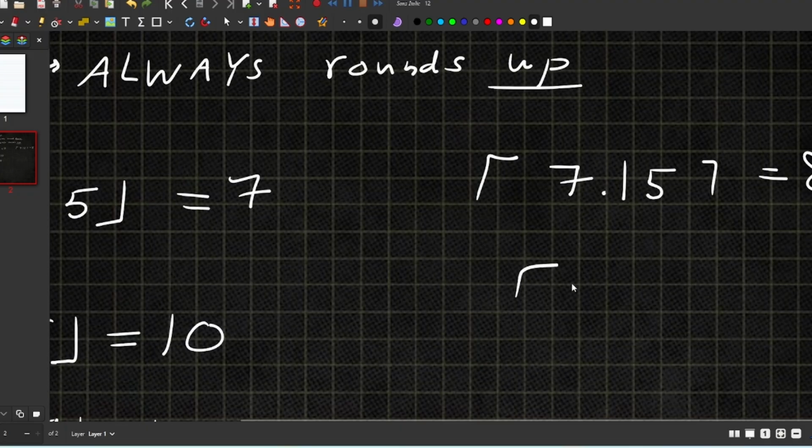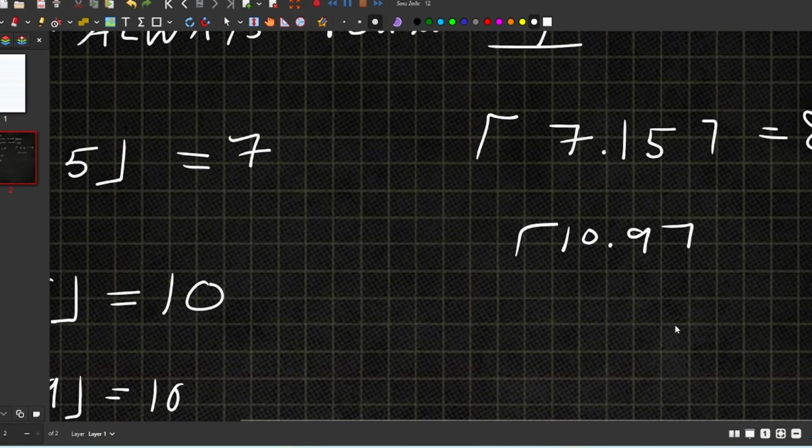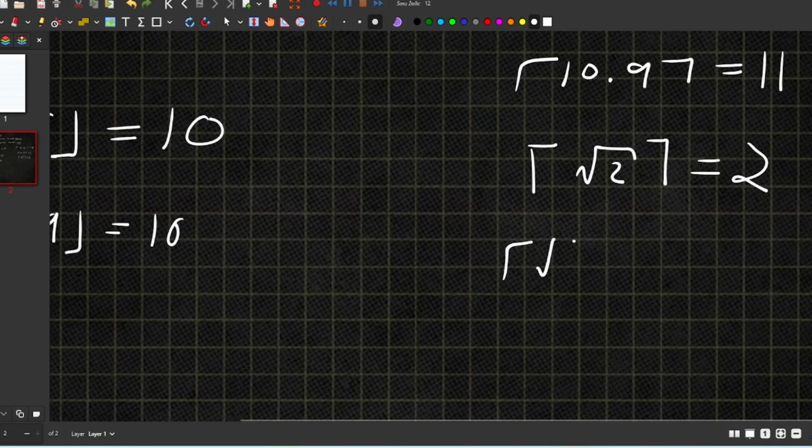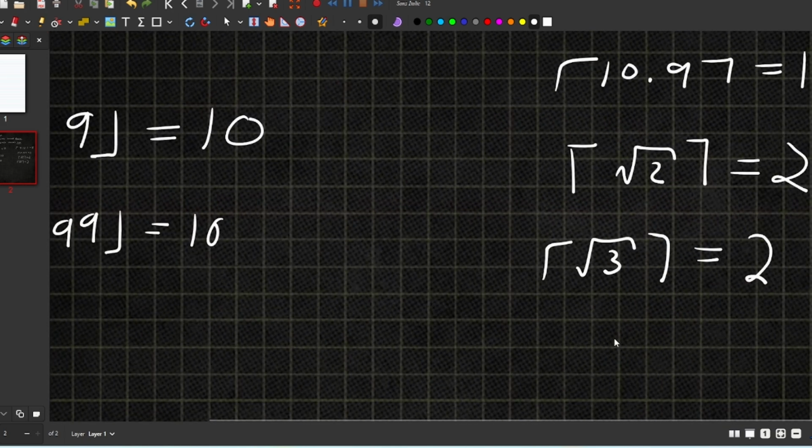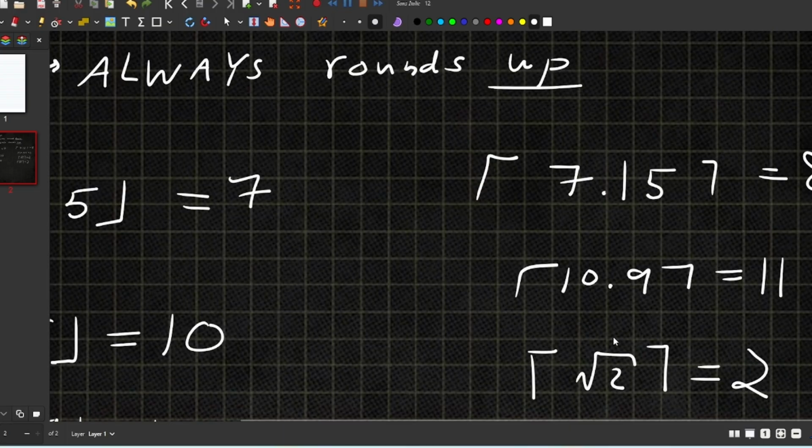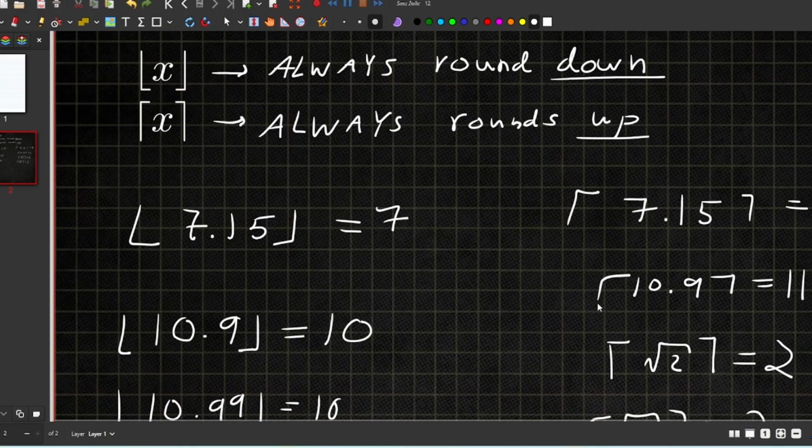The ceiling of 10.9 is not going to be 10 anymore. It's going to be 11. The ceiling of root 3 is going to equal, let's see here, 1.732, so 2. So I hope you can kind of understand this pattern that we're looking at here.